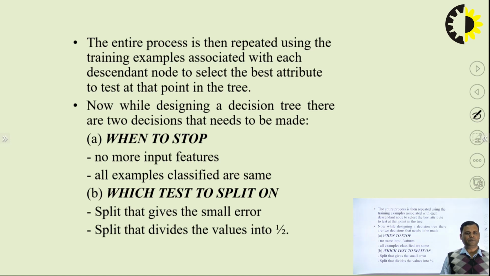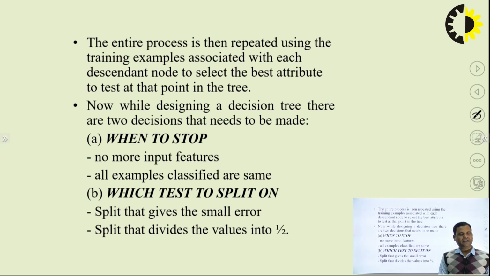There are two fundamental points that matter for when we need to stop the splitting or creation of the decision tree. The first point is that if no more input features are available, no further attributes, then we will stop the splitting of the decision tree.